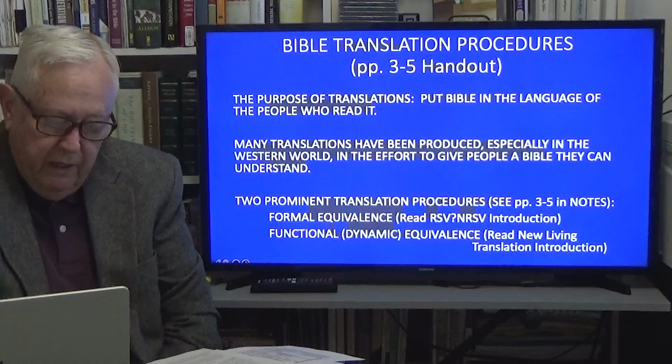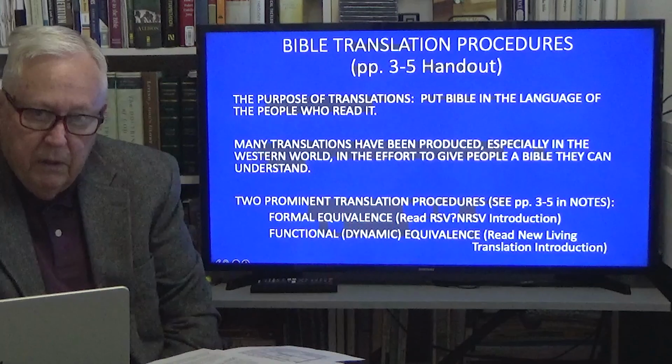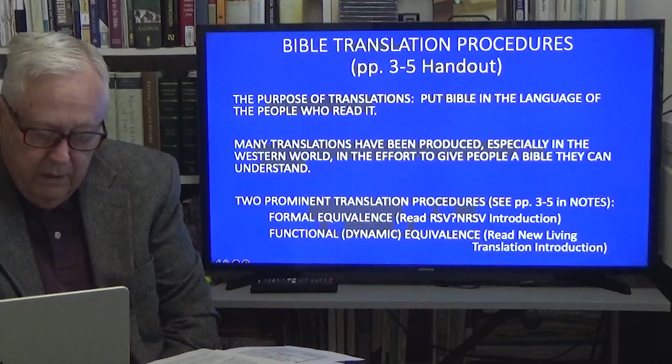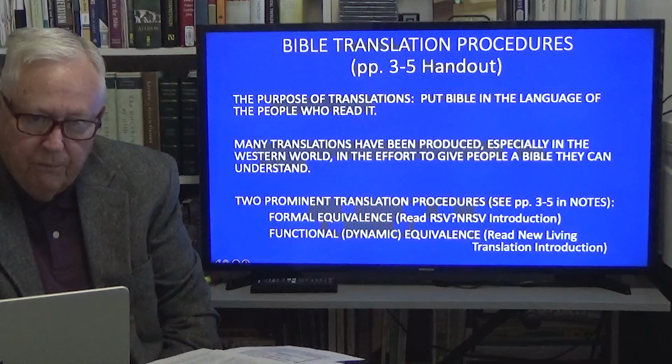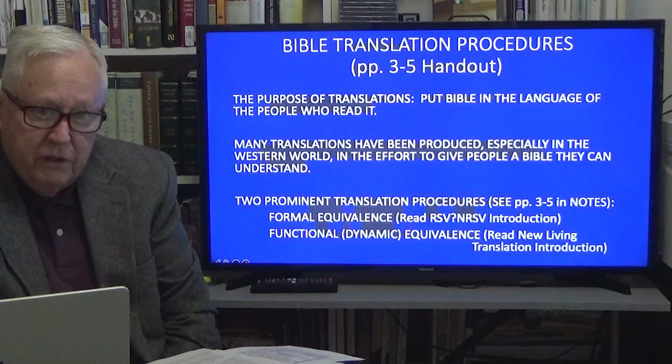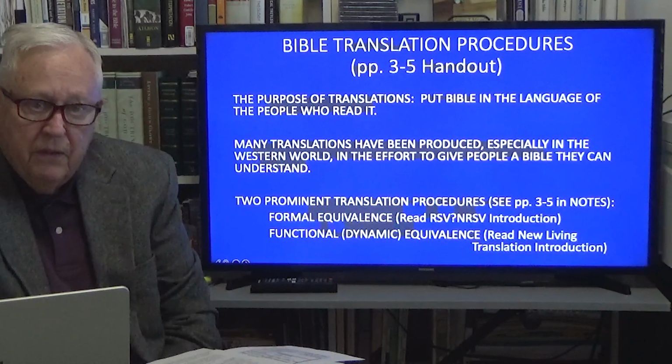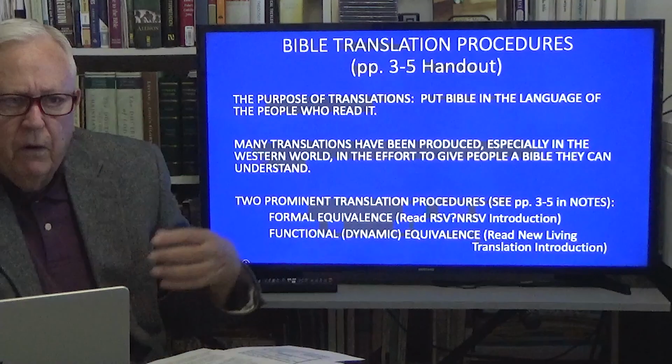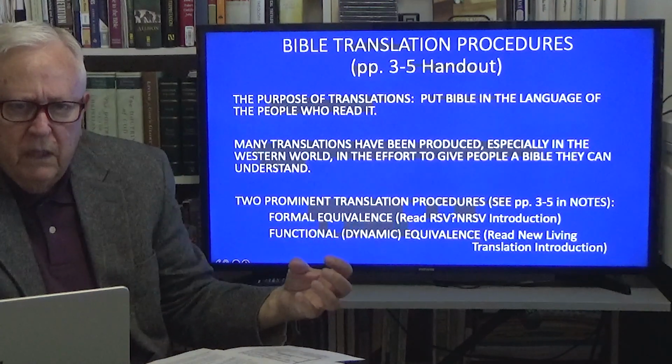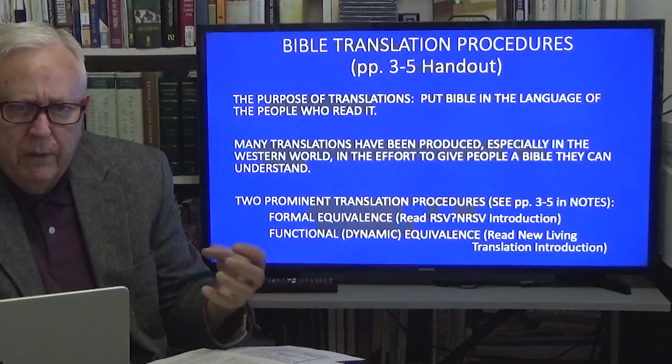Formal equivalence. Okay, the King James Version is formal. The ASV is formal. The NASB is formal. The RSV is formal. The ESV is formal. If you compare them closely, you will see that sometimes they deviate from woodenness, we call it, in formality, to be able to help you understand.